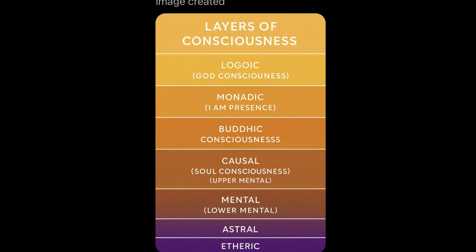We have the etheric, the astral, the mental, which is the lower mental realms, the causal, which is the soul consciousness or upper mental realms, the Buddhic consciousness, the atmic or the spiritual will consciousness, the monadic or the I am presence consciousness, and logoic, which is God consciousness.